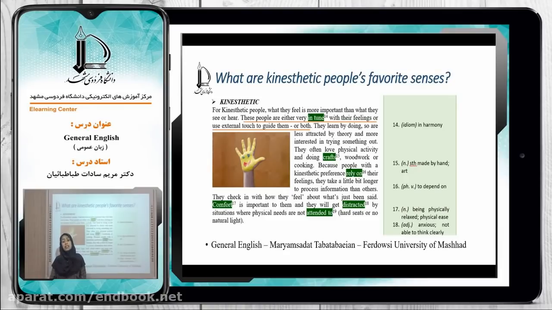Yes, their feelings. Do you remember? Also, touch. So, inner feelings and external touch are very important to them. So, the answer to the question, again, what are their favorite senses? Definitely touch and feelings.